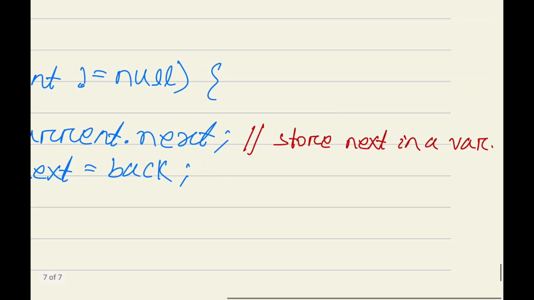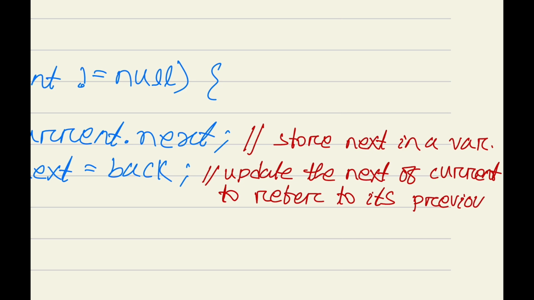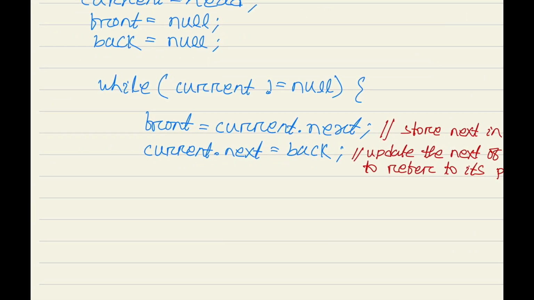We write this statement to update the next of current to refer to its previous. So here we are keeping track of the next node and we are updating the next node.